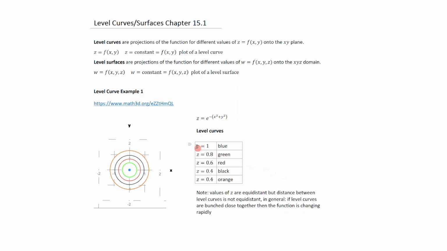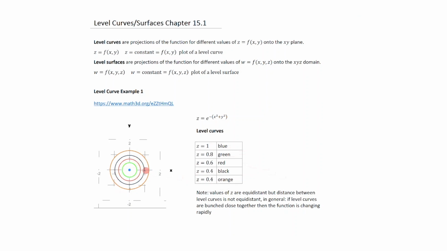So you'll see, for instance, the level curve z equals 1 is in blue. Okay, in green is z equals 0.8, and all the way down to z equals 0.4 is black, for example. All right, and so here it's a series of pictures.